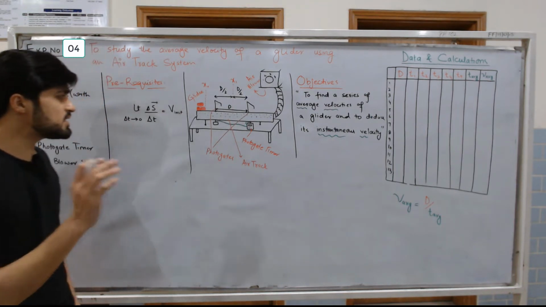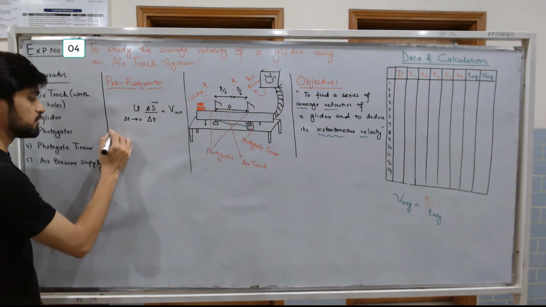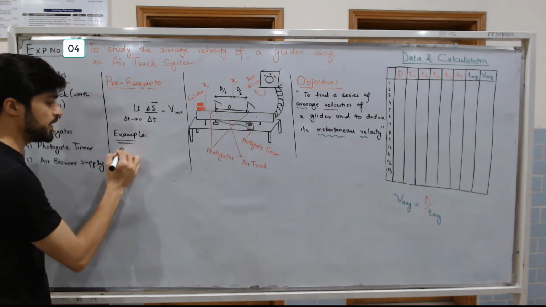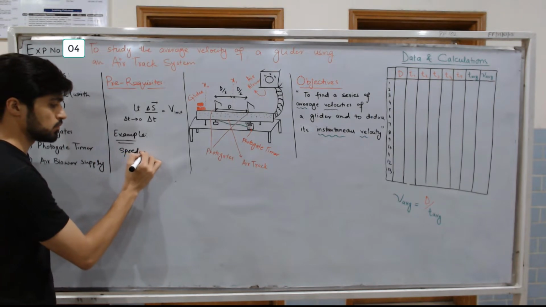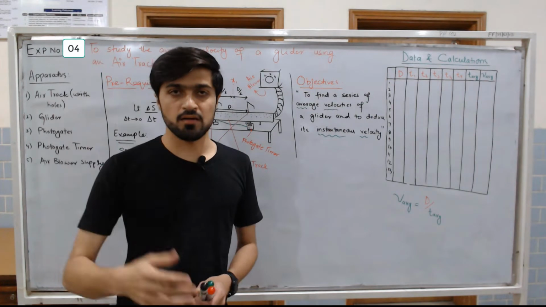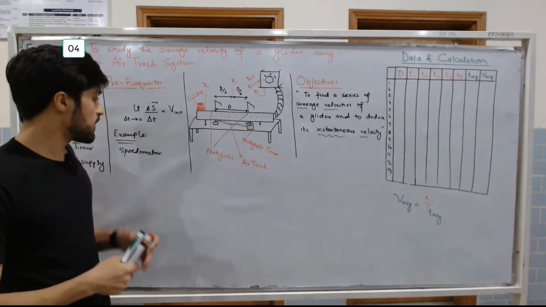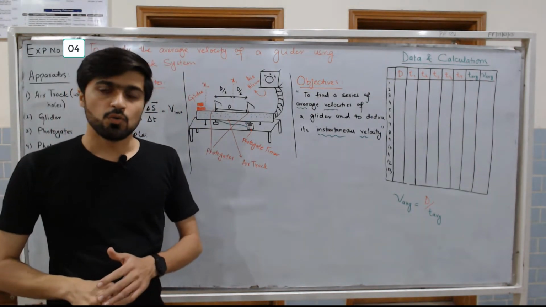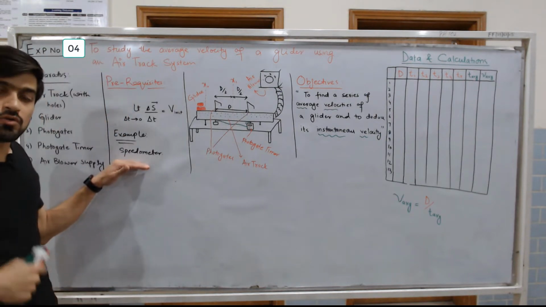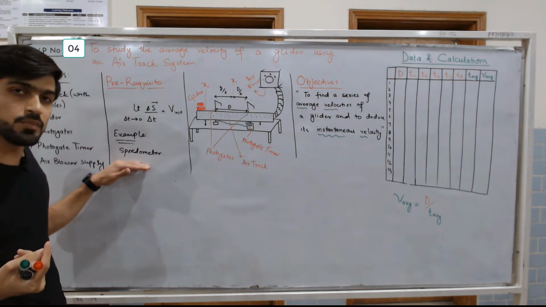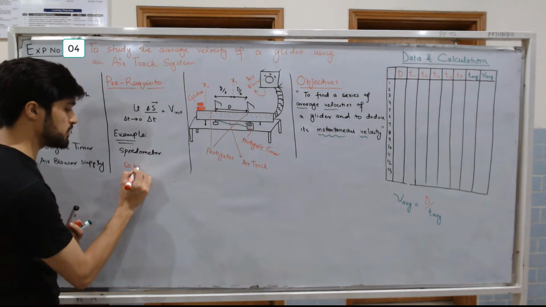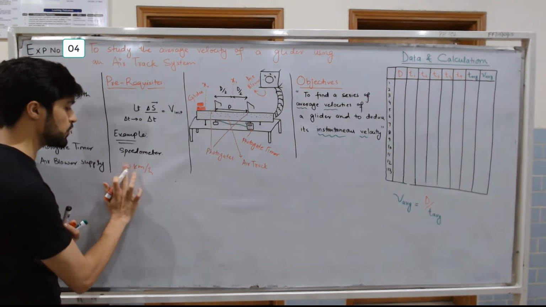The simplest example I can give you is the speedometer. Let's say you are moving in a car on a motorway and I call you and ask, what is your speed? You just look into the speedometer and tell me that you are moving at 50 kilometers per hour, or let's say 120 kilometers per hour.